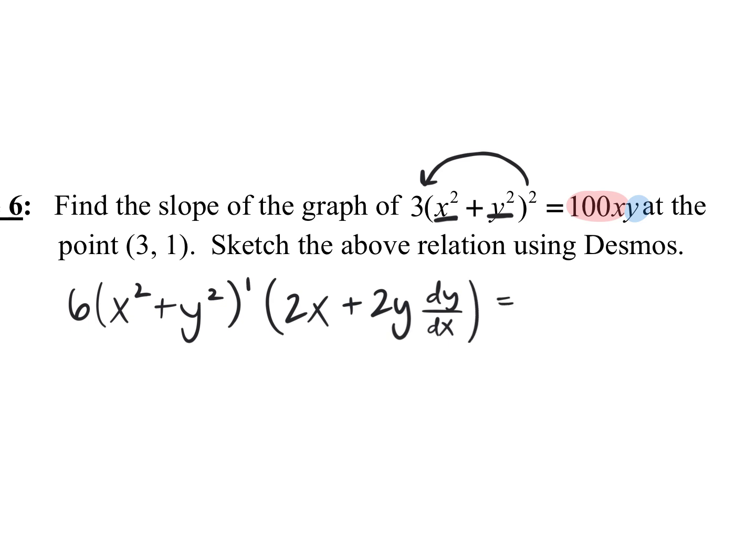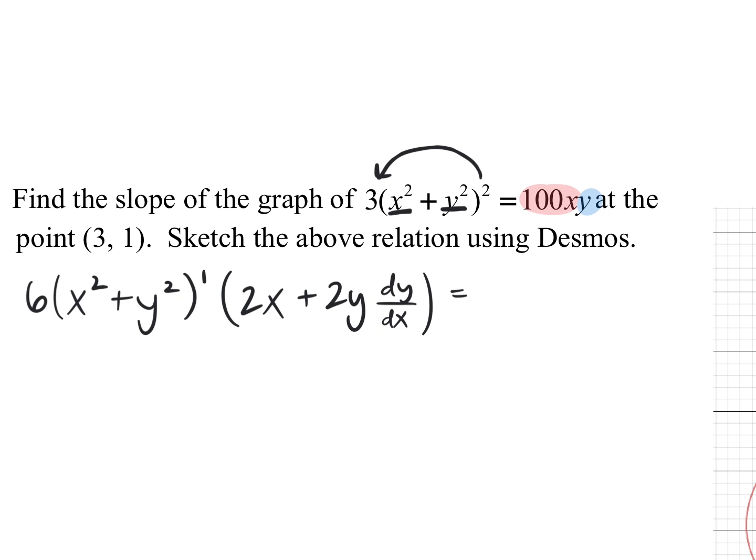Okay, then I need to take the derivative of the right-hand side. So that means I'm going to take the derivative of this first piece here, 100x. The derivative of that is 100. And then I'm going to leave the function of y, not take the derivative yet. And then I'm going to add, and I'm going to take the derivative of the second piece here. What's the derivative of y?